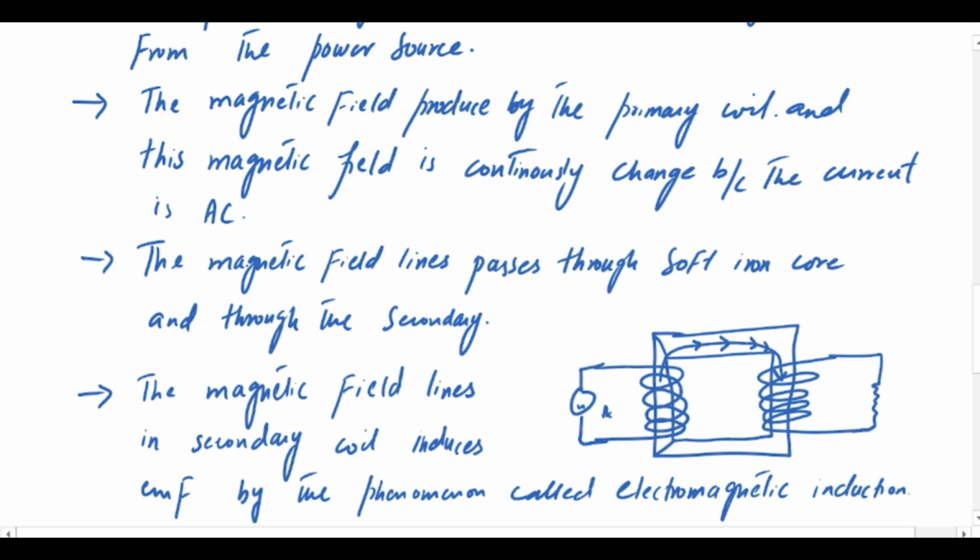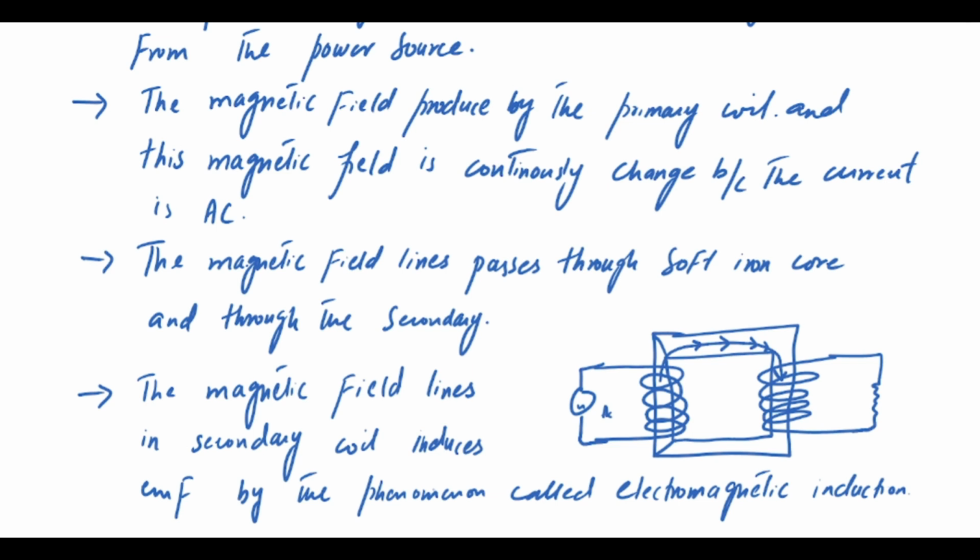So the first point is the input alternating current supplied to the primary coil. First we supply the alternating current to the primary coil, then magnetic field is produced by the primary coil. So magnetic field will be produced around the primary coil, and this magnetic field is continuously changing. The current is alternating.